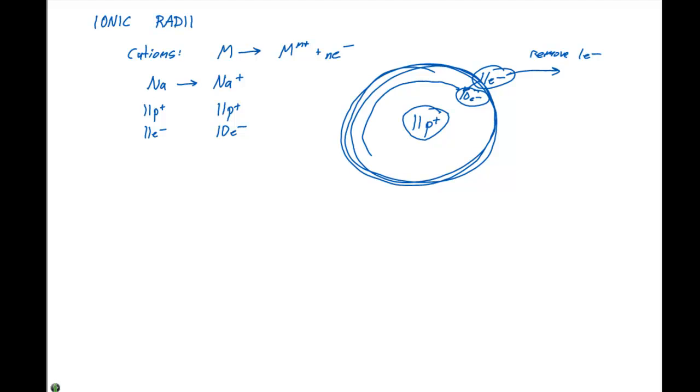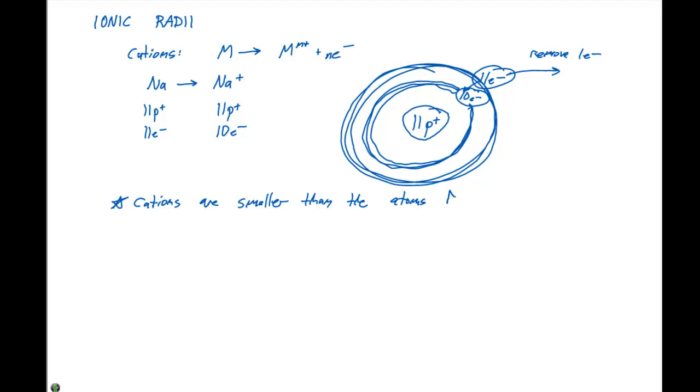So if we have 10 electrons, the pull on the nucleus is going to be much stronger, and as a consequence, we can say that cations are smaller than the atoms from which they are formed.